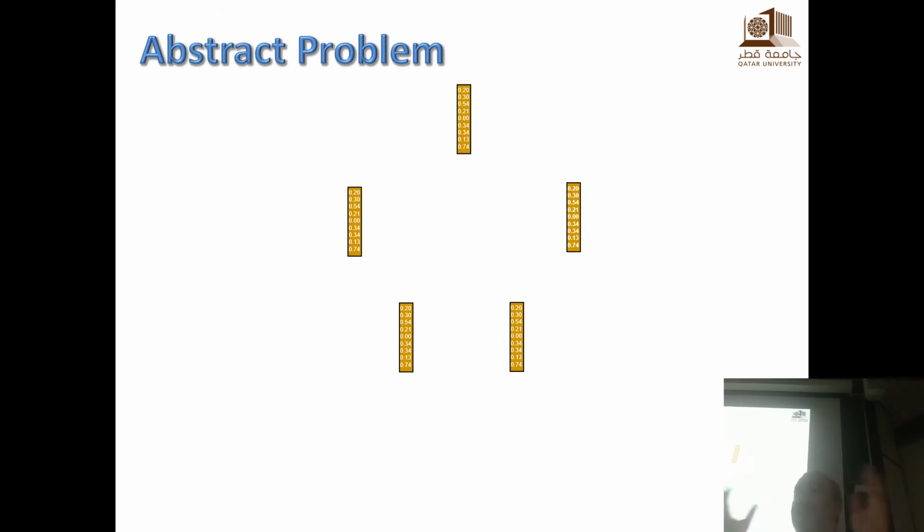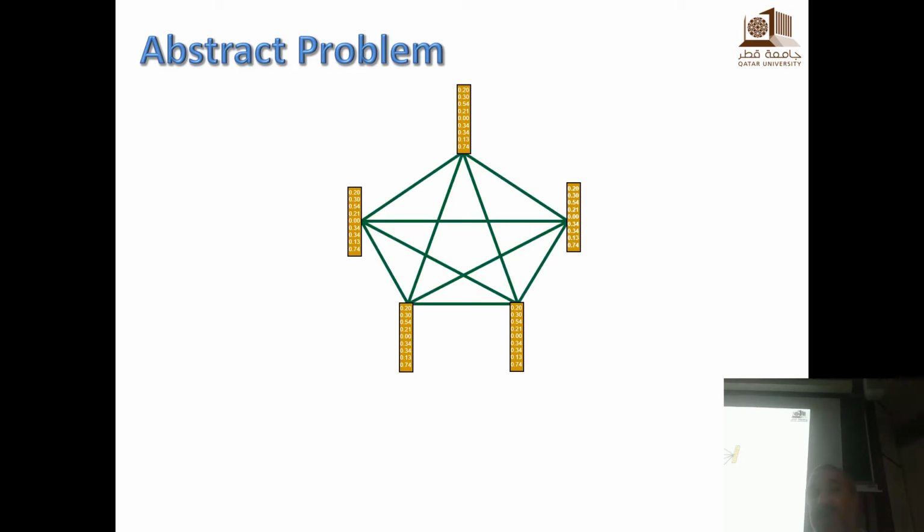So now instead of a collection of documents, we have a collection of vectors. And now we want to compute the similarity between every pair of documents. Every green line here indicates the similarity between a pair of documents. So we want to compute all of these similarities.